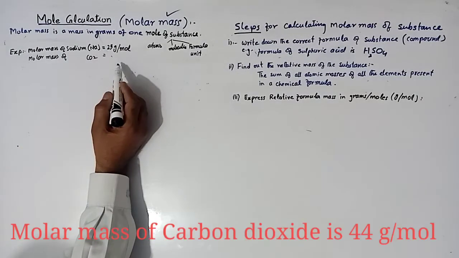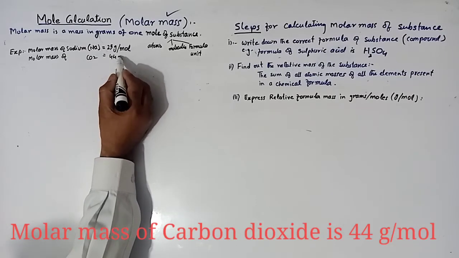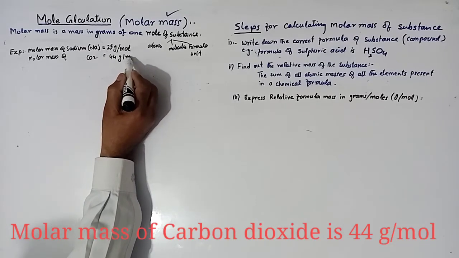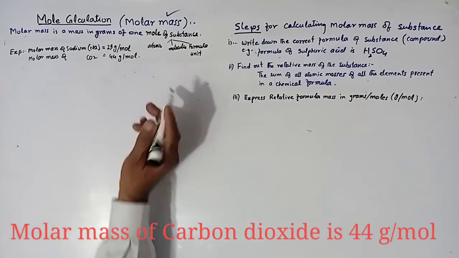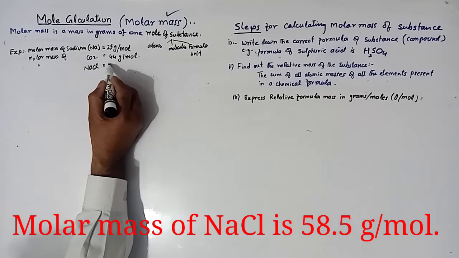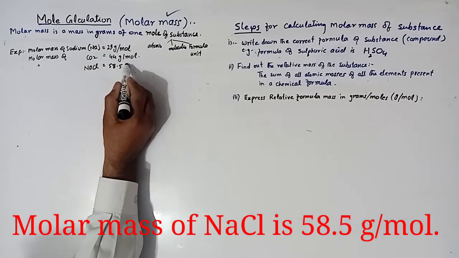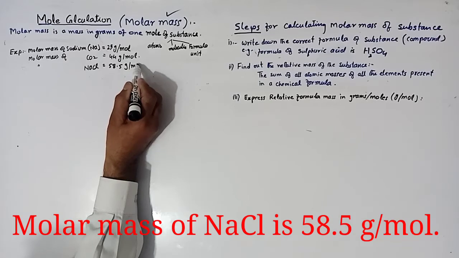Similarly, the molar mass of carbon dioxide is 44 gram per mole. And the molar mass of sodium chloride is 58.5 gram per mole.